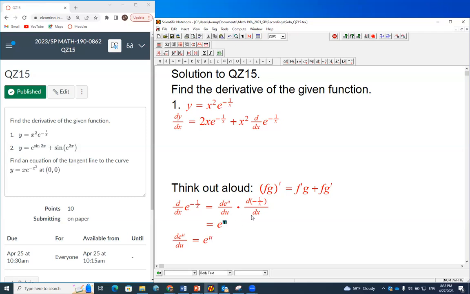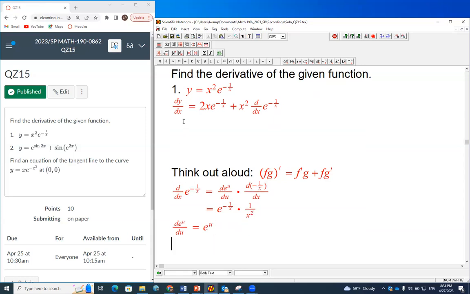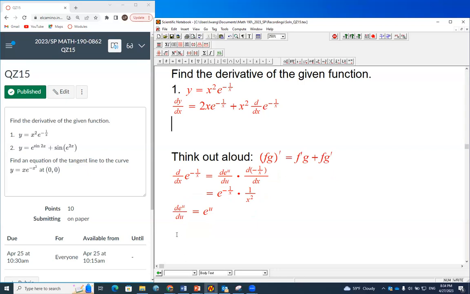Since u is negative 1 over x, you can substitute u by negative 1 over x here. And then you take the derivative of negative 1 over x, which is going to be 1 over x squared. So how do we get that?